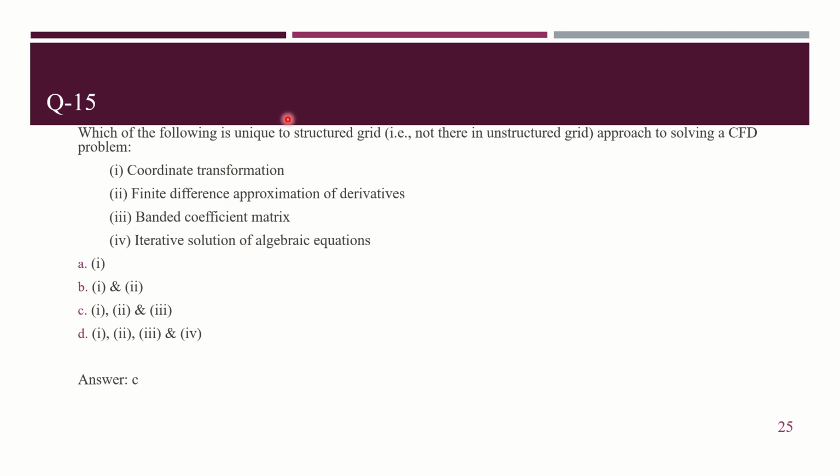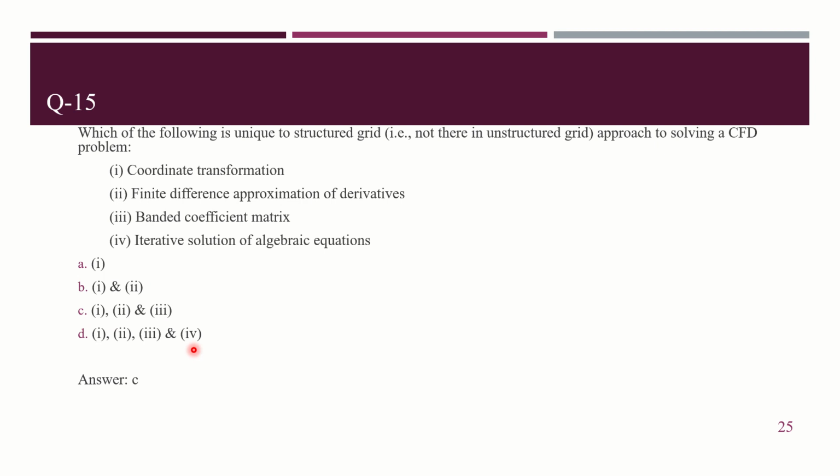So 1 is right, 2 is right, 3 is right, 4 is false. Looking at the options: option A is 1, option B is 1 and 2, option C is 1, 2 and 3, option D is 1, 2, 3 and 4.